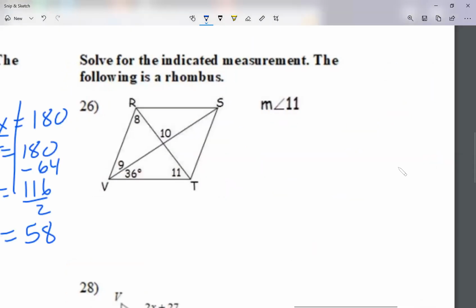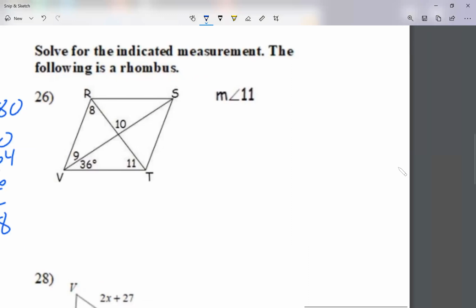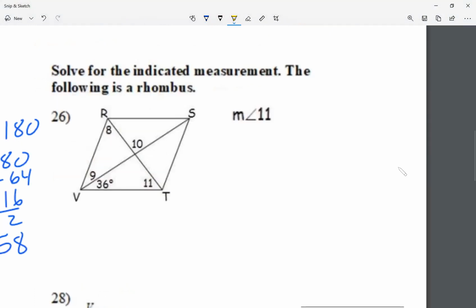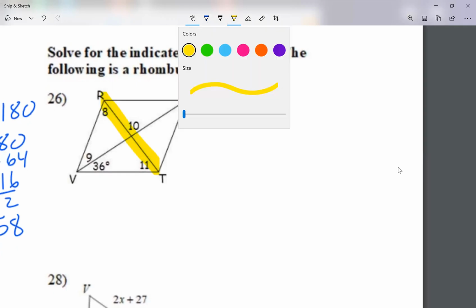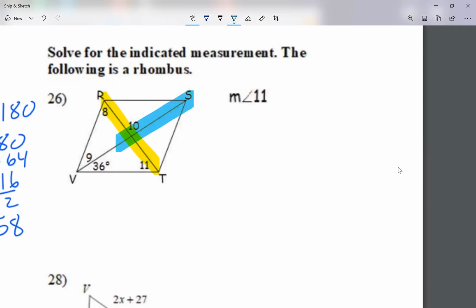Now let's take a look at a rhombus. So for the indicated measurement, the following is a rhombus. Now here, the diagonals cut each other in half. That still works. But on the rhombus, this diagonal, let me do it in yellow, this diagonal can be a different length from this diagonal. Okay, on a rhombus. On a rectangle, they are equal, but on a rhombus, they're not necessarily equal.